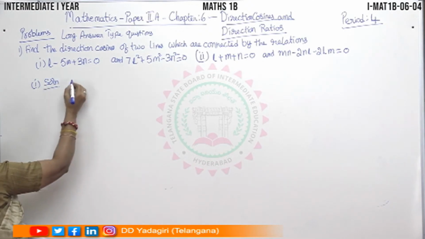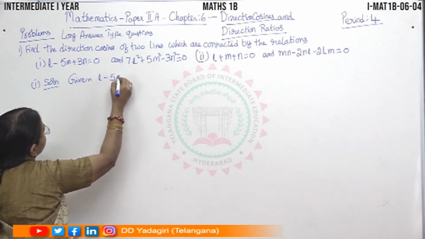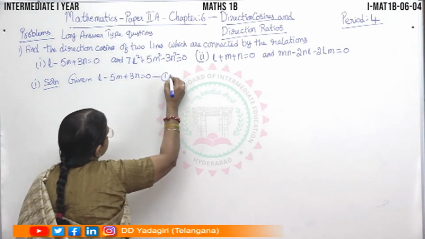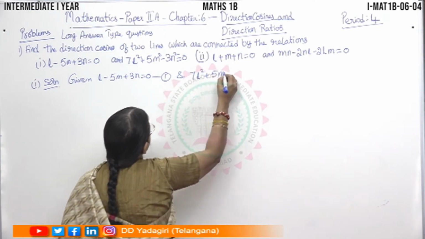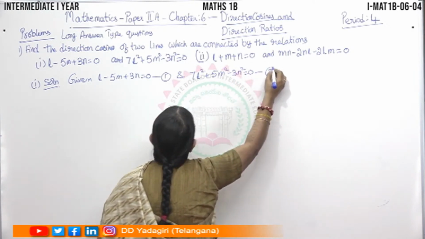You are given the equations l minus 5m plus 3n is equal to 0. Number this as equation 1, and 7l square plus 5m square minus 3n square is equal to 0. This is the second equation.